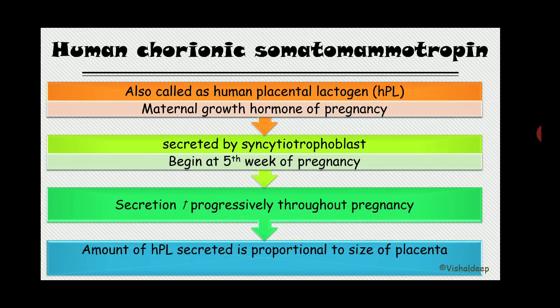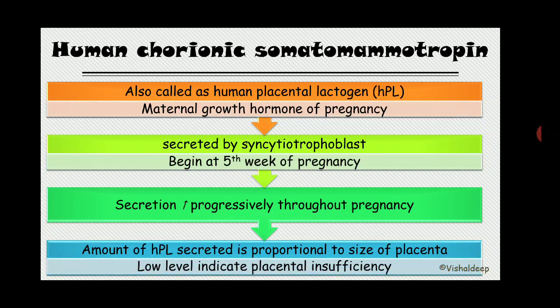And if the HPL level is low, then there is less placental development. It is known as placental insufficiency. So a low level of HPL in the maternal circulation will ultimately indicate placental insufficiency.